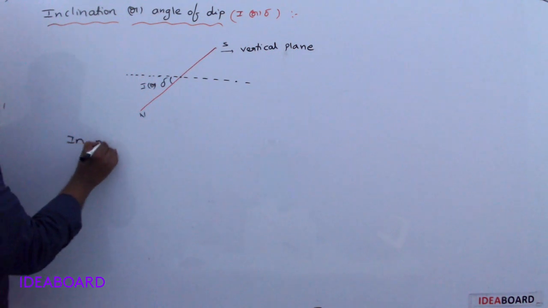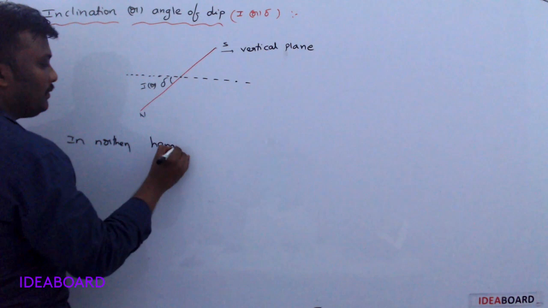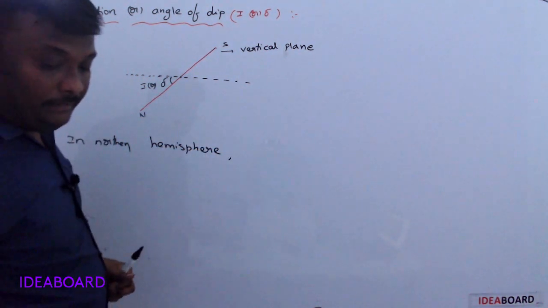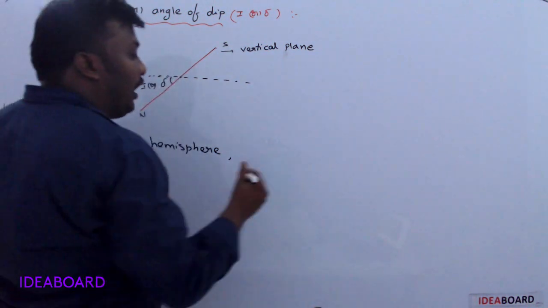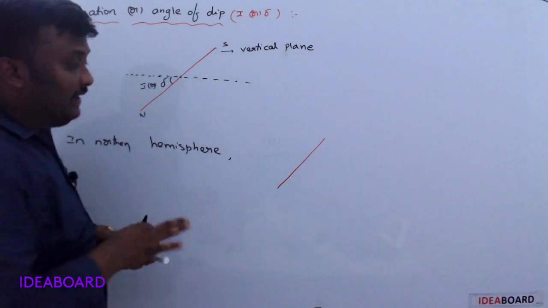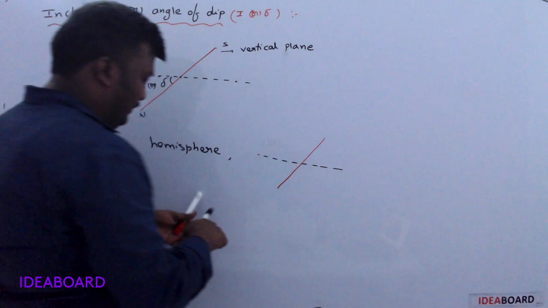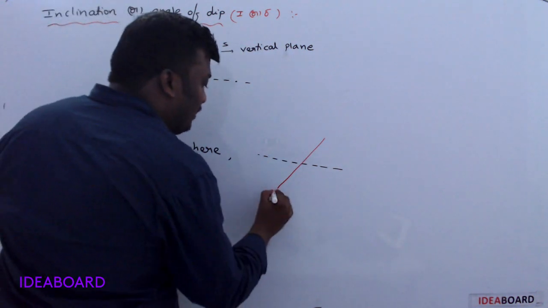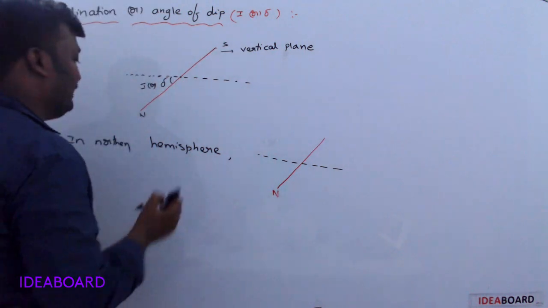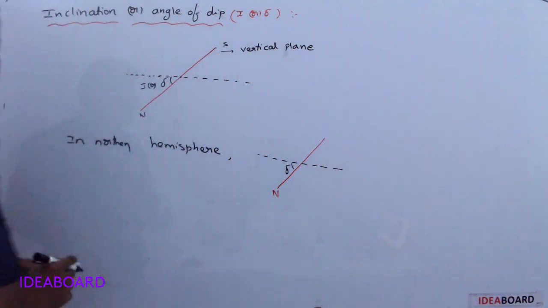In the northern hemisphere, the north end of the compass needle tips down from the horizontal direction. This is the north end. This north end is dipped down from the horizontal direction when you place it in the northern hemisphere. So this is the angle of dip.